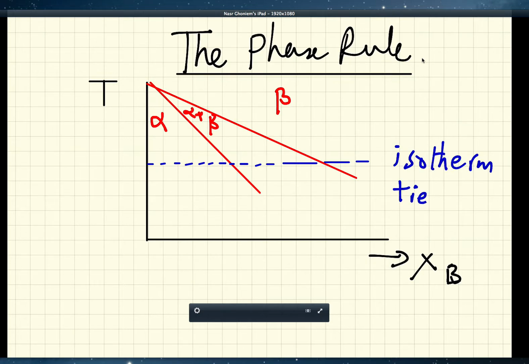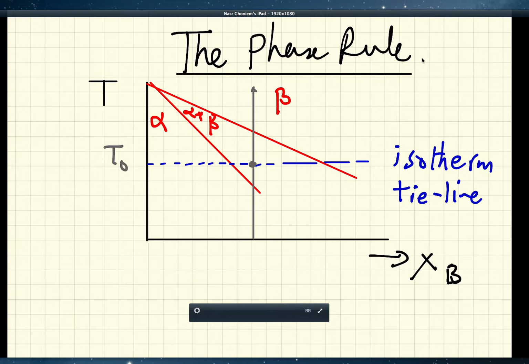Suppose that I am cooling an alloy from high temperature, like here, and I'm looking at what happens to the concentrations at this temperature T sub 0.